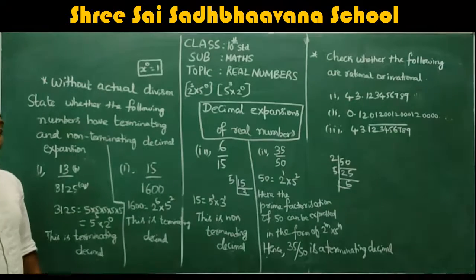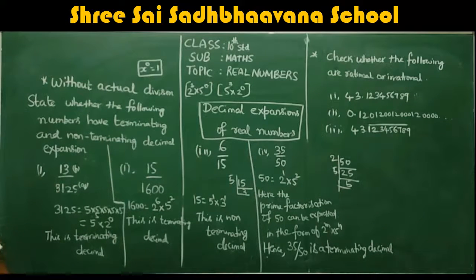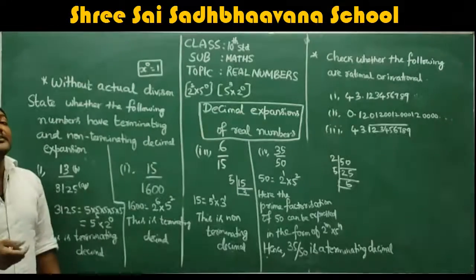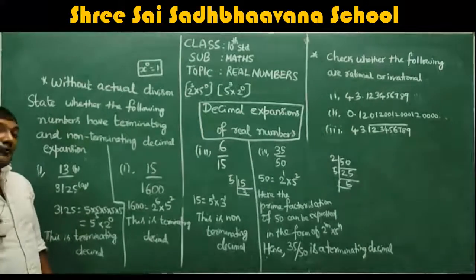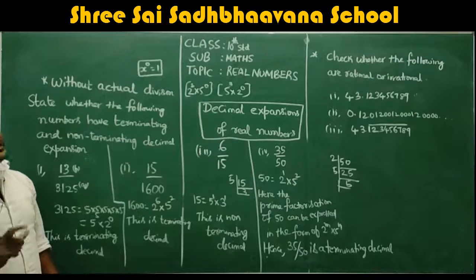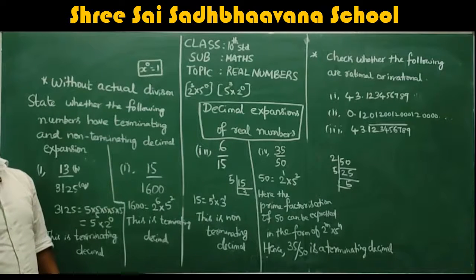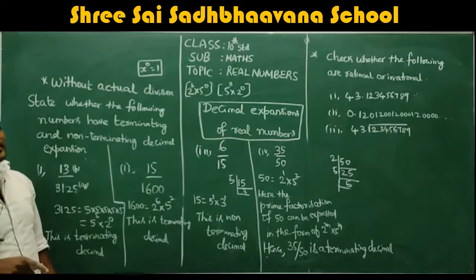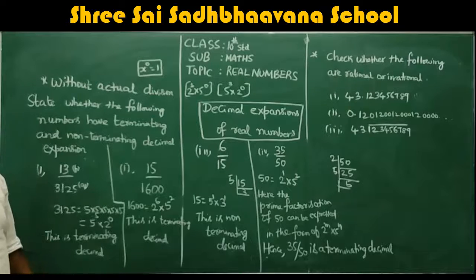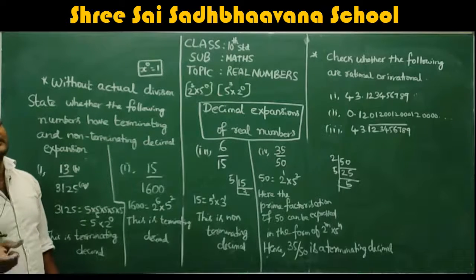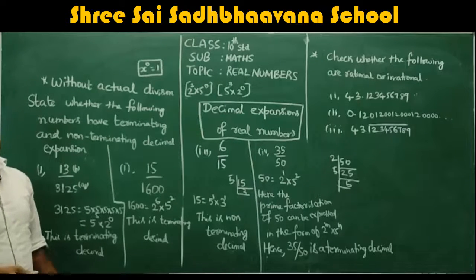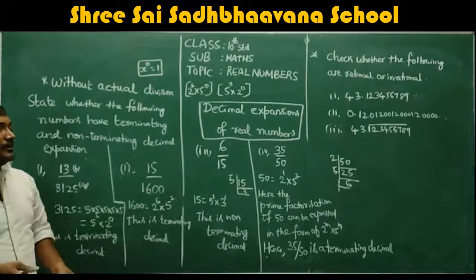And if you have 2 and 5 both, yes, that is also a terminating decimal. If the prime factorization of q has 2, 5 and one more prime factor which is 3, then it is not a terminating decimal. You should have only 2 or only 5 or both 2 and 5. But apart from this, you should not have any prime factor at all. Okay? If it does not have, then it is terminating.